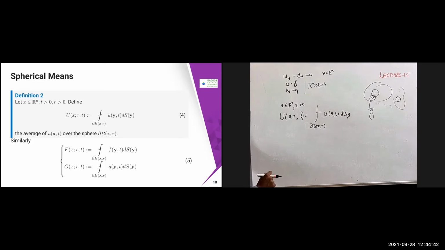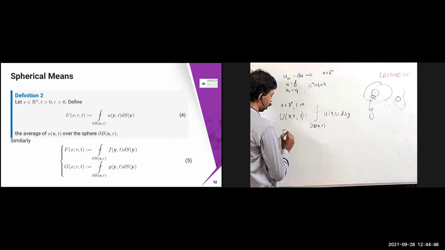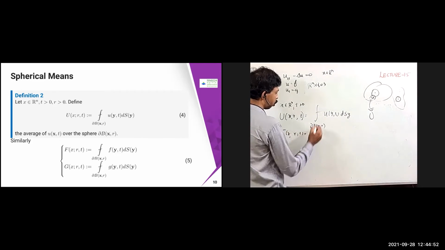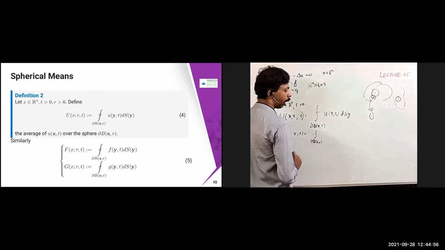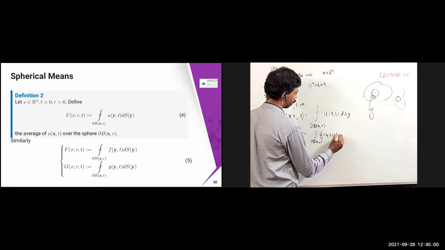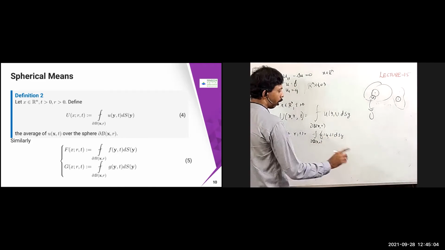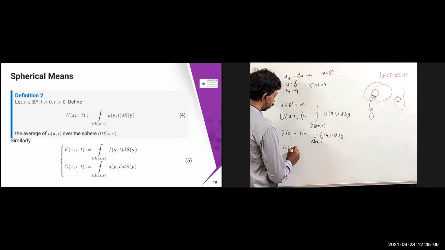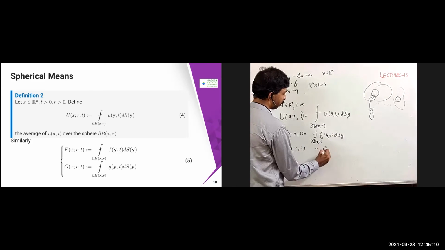Similarly, I can do the same thing for capital F of x comma r comma t, the average of f(y, t) dS(y) over the boundary of B(x, r). The same way you can do it for g also, and the small g will come here.